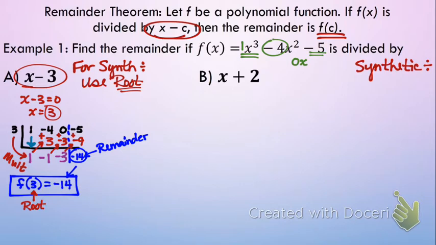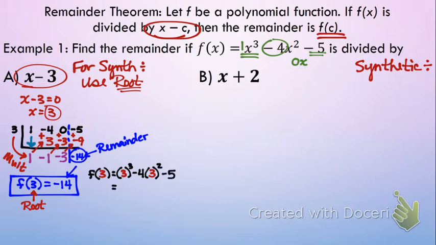We can check this one as well. If I take 3 and I put it back into my original function in the place of x, so if I evaluate f of 3, I would have 3 cubed minus 4 times 3 squared minus 5.